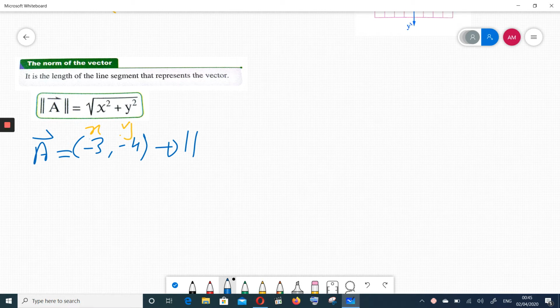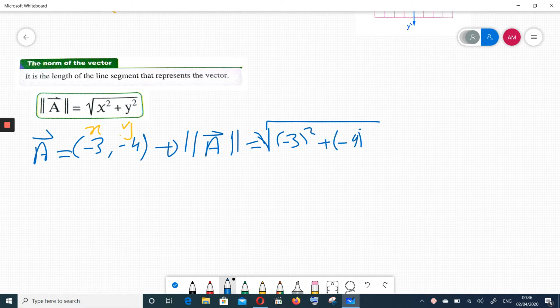According to this rule, the norm of vector A is going to be the square root of (-3) power 2 plus (-4) power 2. If you put it in the calculator, the answer is going to be what? 5. 5 what? 5 length units, because we don't know if this is centimeters or meters, so it is just going to be 5 length units.